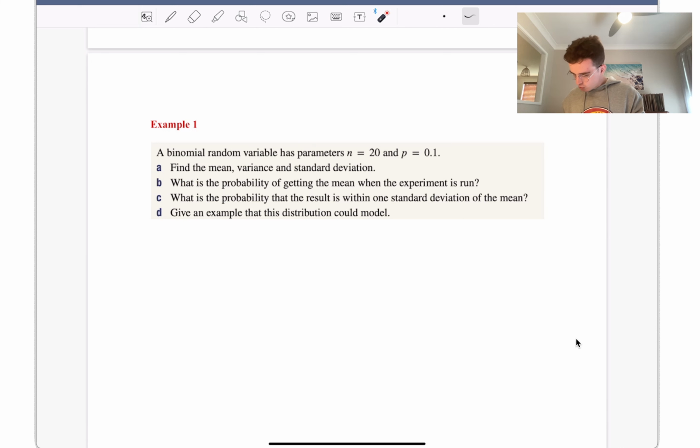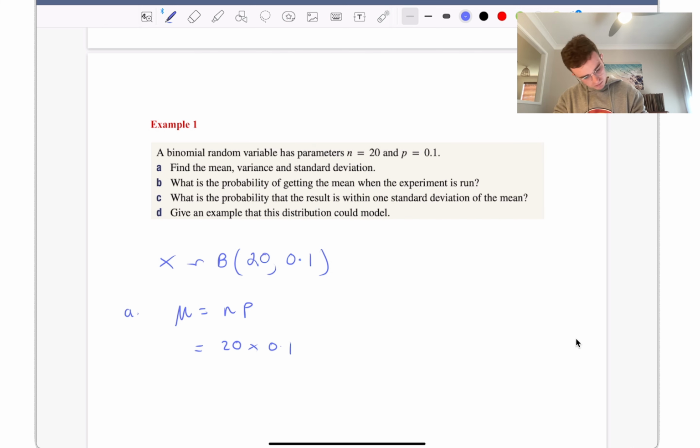So example number 1: a binomial random variable has parameters n is 20 and p is 0.1. So I might first of all say that x is a variable belonging to a binomial distribution where n is 20 and the probability of success is 0.1. Find the mean, variance, and standard deviation. The mean of a binomial random variable is np, so 20 times 0.1, which is 2.